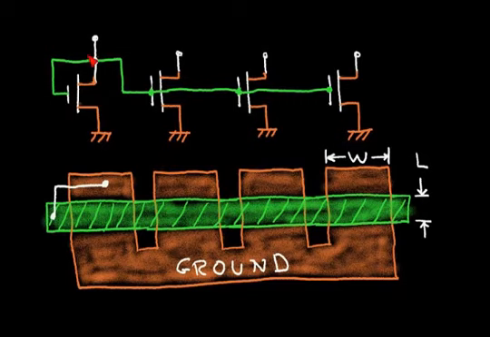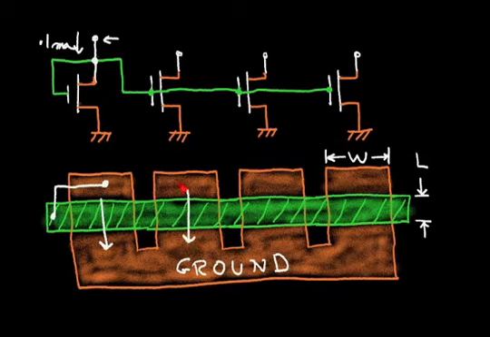Now suppose I run, say, 0.1 milliamps or 100 microamps in this transistor at the left. Now assuming that the drains of these 3 transistors are all at the same voltage level and at the same voltage level at this drain, then since my transistor geometry and my bias voltages are all the same, these transistors are going to have identical currents.